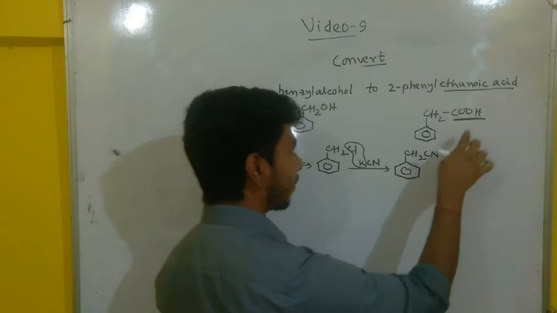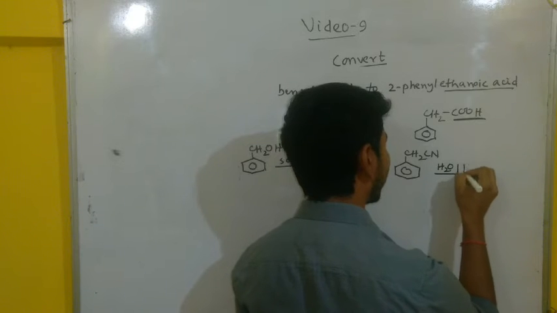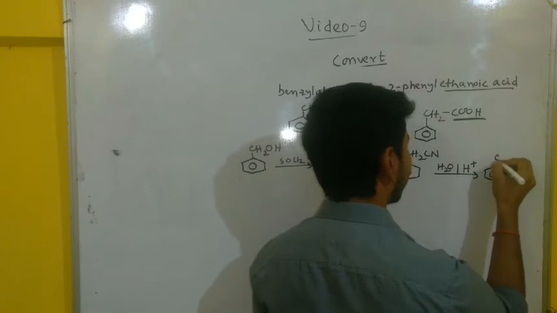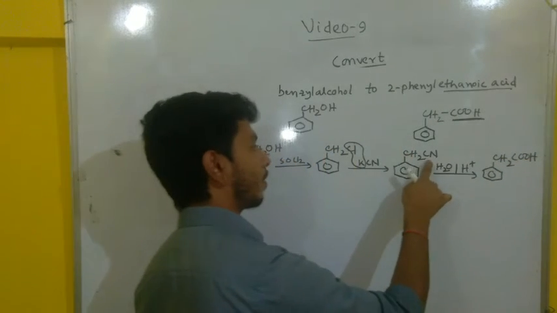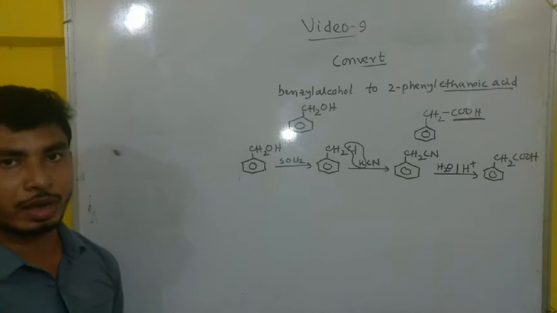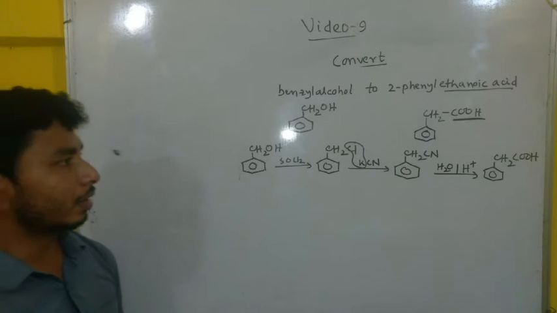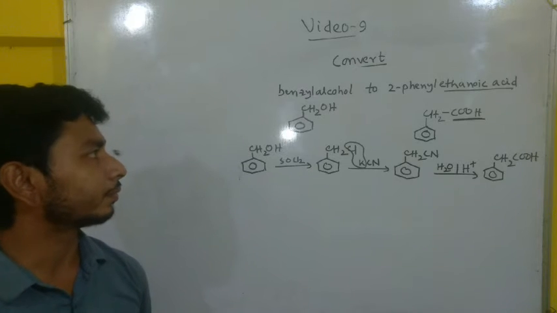The cyanide upon hydrolysis is converted to carboxylic group. So now on hydrolysis it is CH2COOH. Cyanide group upon complete hydrolysis always gets converted to the carboxylic group. So this is the conversion of benzyl alcohol to 2-phenyl ethanoic acid.